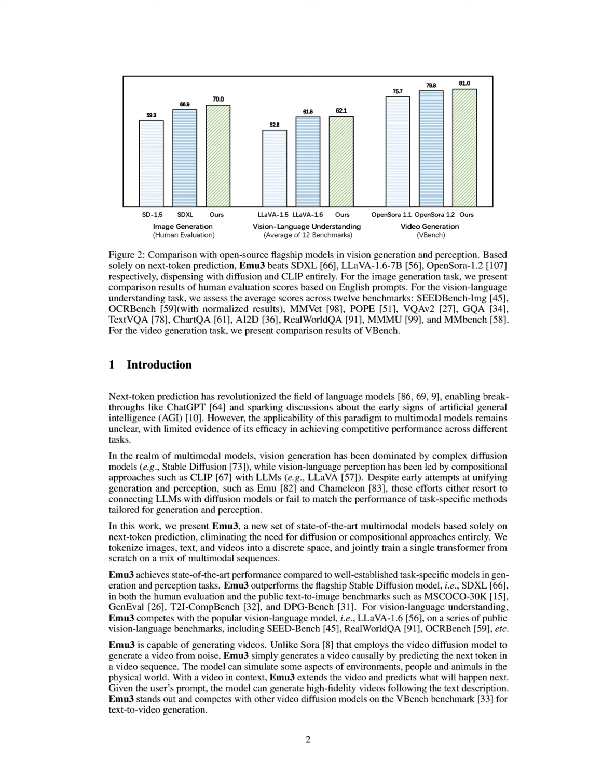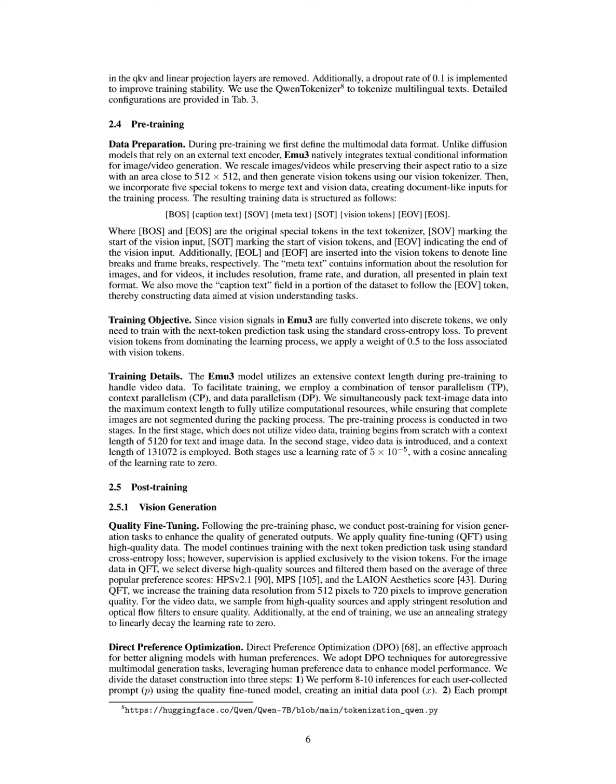Emu3 predicts the next token in video generation by utilizing a causal autoregressive approach. For instance, when generating a video, Emu3 first tokenizes a given video clip into discrete vision tokens. If provided with a 2-second video as context, Emu3 analyzes the sequence of tokens and predicts the subsequent frames by determining the most likely next token based on the preceding tokens.